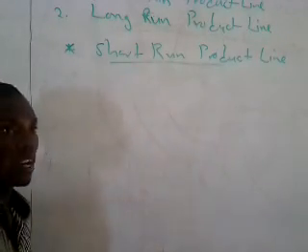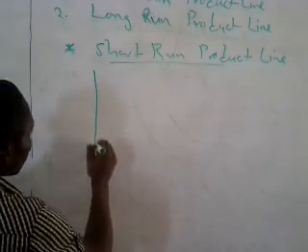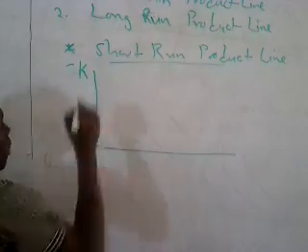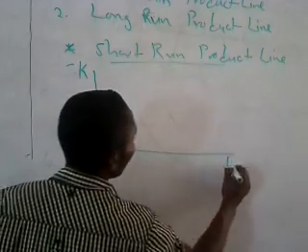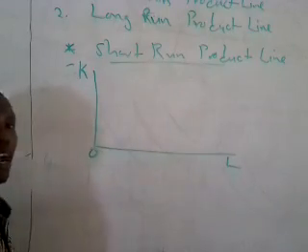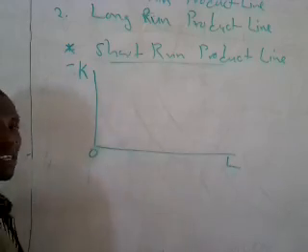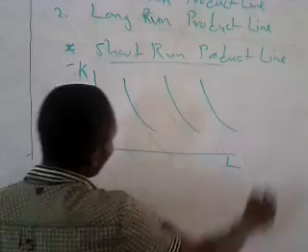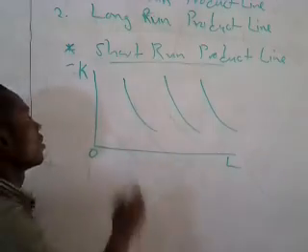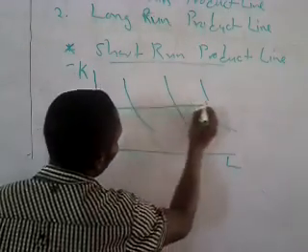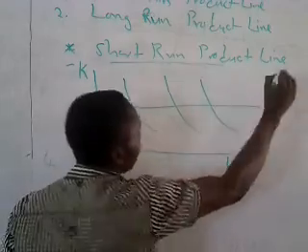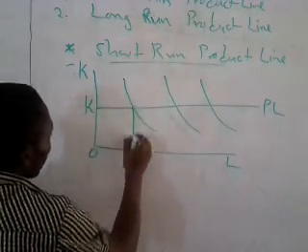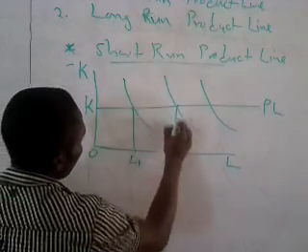So in the short run, one input, which is capital, should be fixed, and then labor is variable. So if you want to increase production, it means we can increase the labor combinations in order to increase production. This is the product line curve. In the short run, capital is fixed, labor is variable.